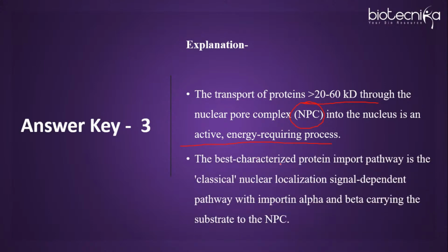So the best characterized protein import pathway is the classical NLS dependent pathway with importin alpha and beta. So these are the receptors which carry the protein inside the nucleus, that carry the substrate towards your NPC. Right? So this is the correct answer.